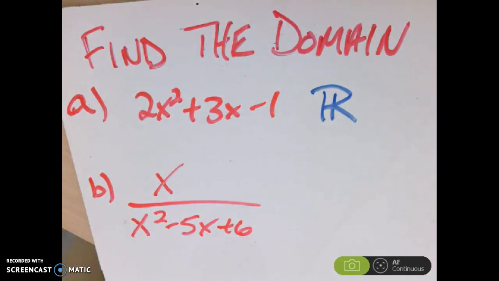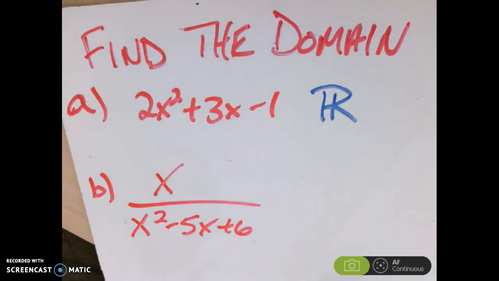But now for B, we have this rational expression. And this is why Unit 1.3 was really important. What we need to do is say what makes a fraction undefined. What explodes a fraction? It explodes when you have the denominator equal 0. And how am I going to know when the denominator equals 0?